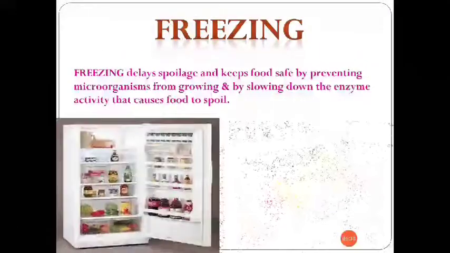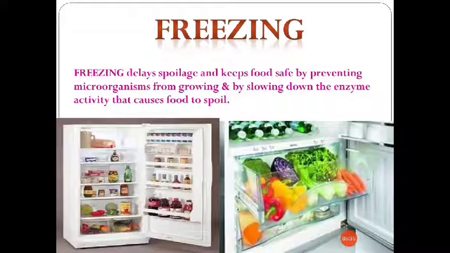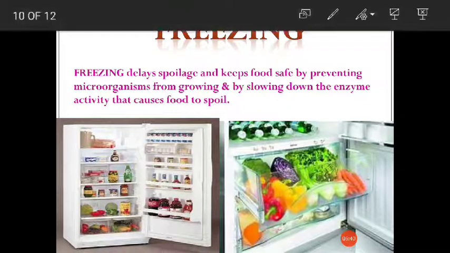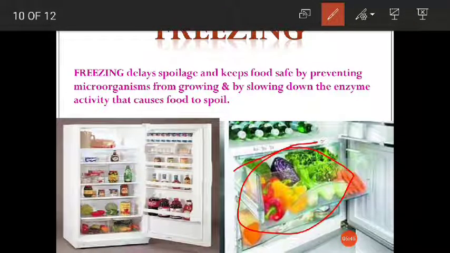Another method of preservation is freezing, which your mother might be doing at home. Whatever food item comes from the market, she generally stores in the lower compartment of the fridge or different shelves of the fridge, and it remains there for some duration of time, and then it can be taken out and used.